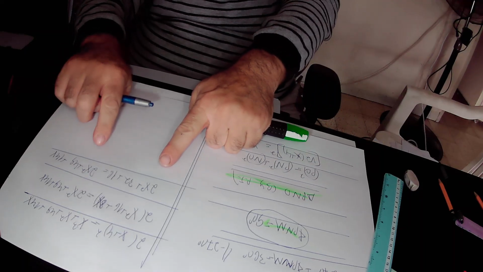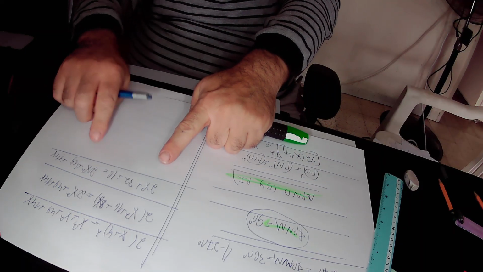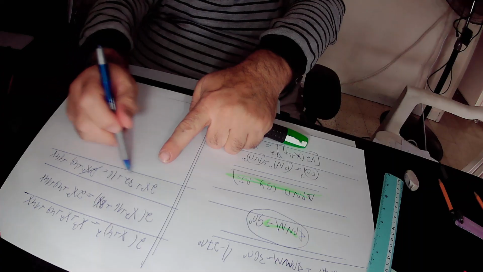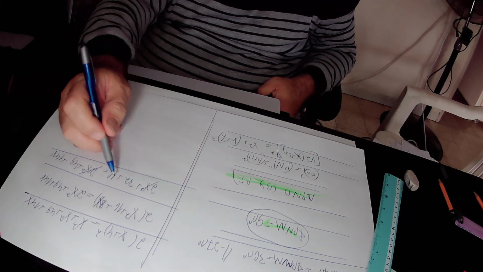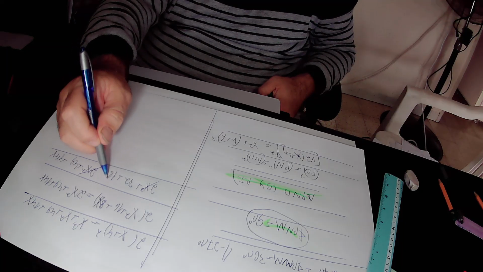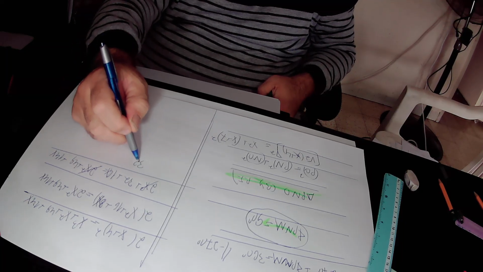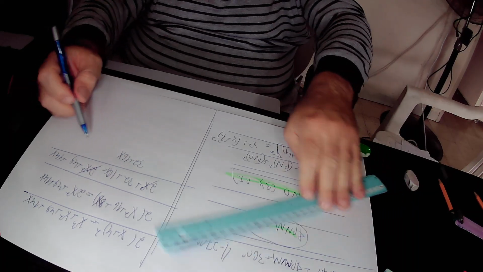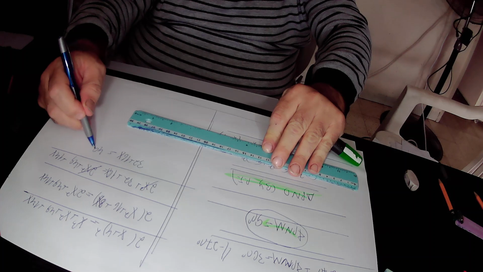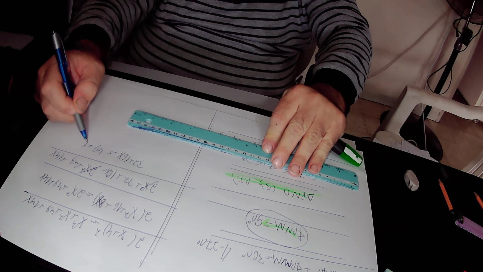Here we have 2x squared on both sides of this equation, so the 2x squared will cancel. On this side we are left with only 32 plus 16x, while on the other side we are left with 49 plus 14x.